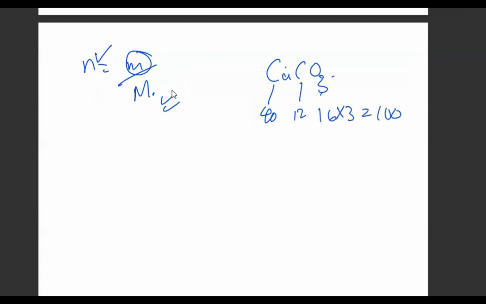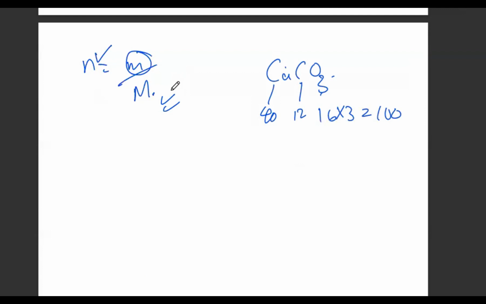Do you have the mass? We don't know the mass, but we have the molar mass. Do you have the molar mass? We need to calculate it. So calcium carbonate: calcium is 40, carbon is 12, and oxygen is 16 times 3, which gives me 100.